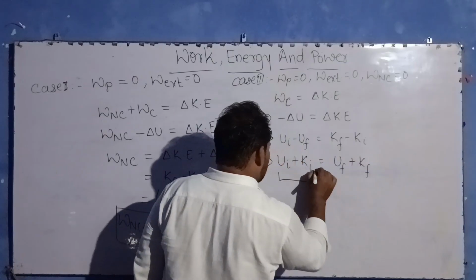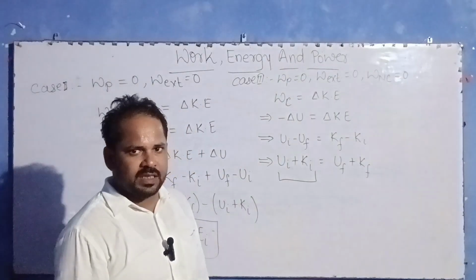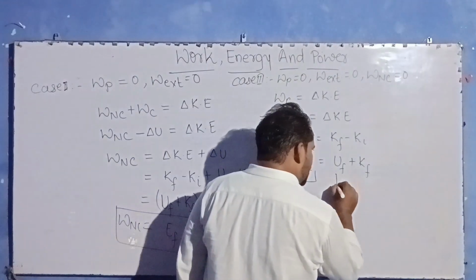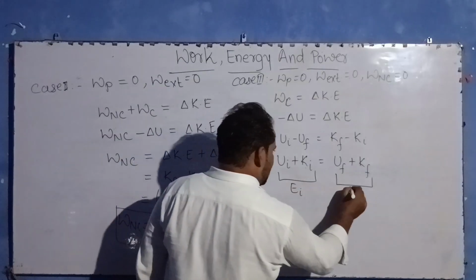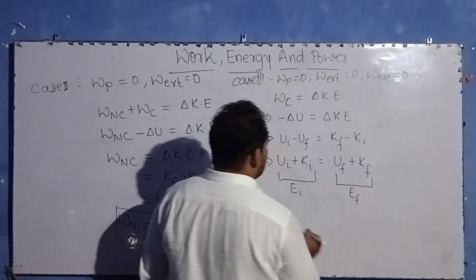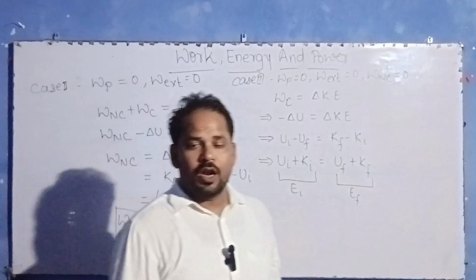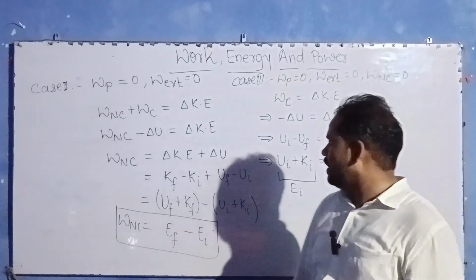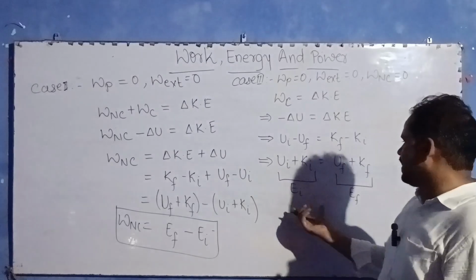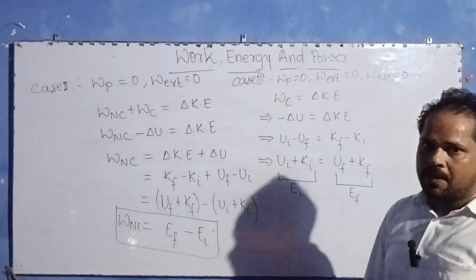This is the total initial mechanical energy and this is the total final mechanical energy, E_i and E_f. This is known as the law of conservation of total mechanical energy, which means initial energy is equal to final energy.